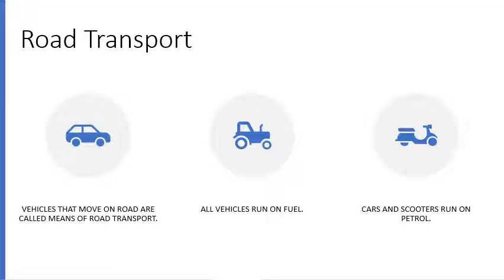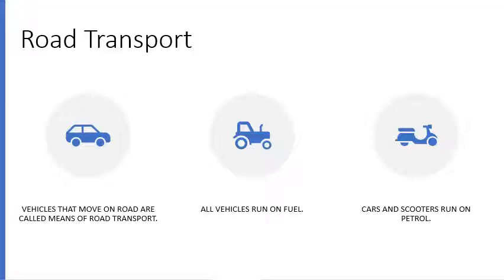Road transport means those vehicles that move on road. Road, all of you understand, is the place where the vehicles move. So all the vehicles that move on road are called means of road transport.